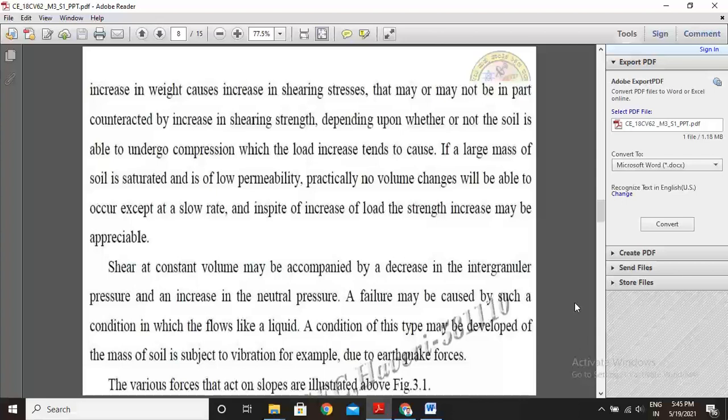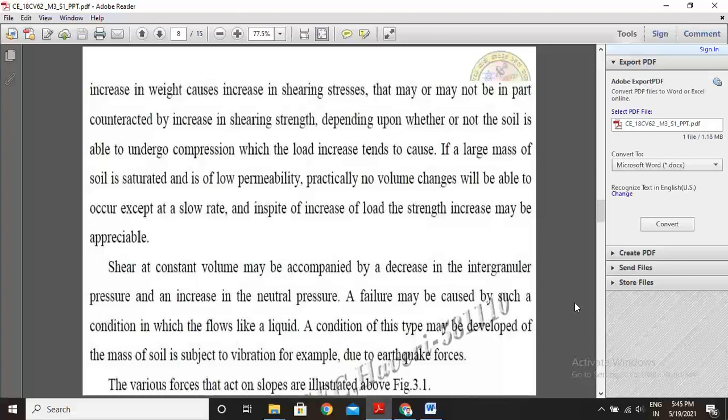If a large mass of soil is saturated and is of low permeability, practically no volume changes will be able to occur except at a slow rate, and in spite of the increase of load, the strength increase may not be appreciable. Shear at constant volume may be accompanied by a decrease in the intergranular pressure and an increase in the neutral pressure.